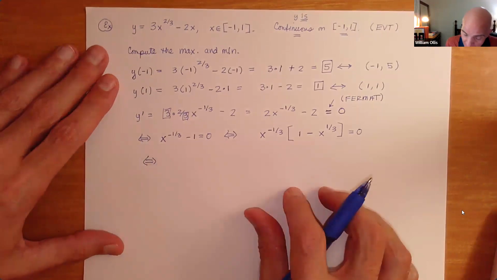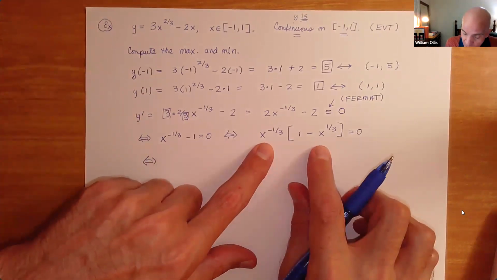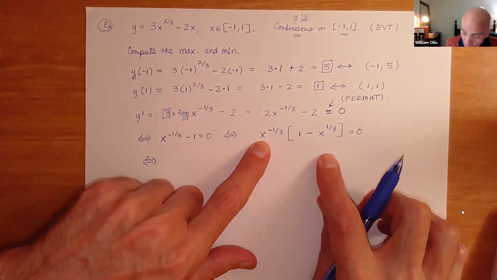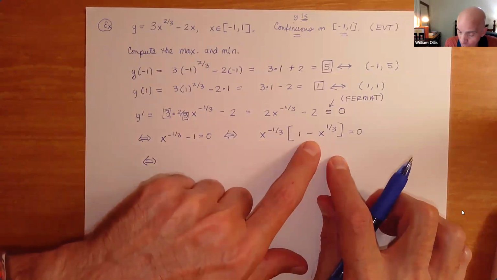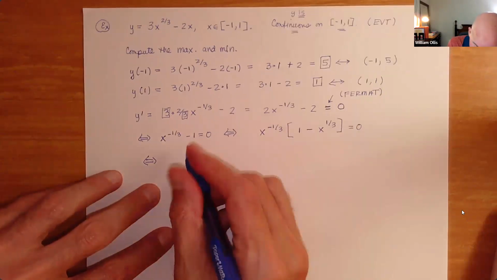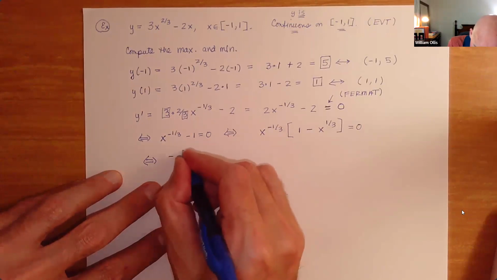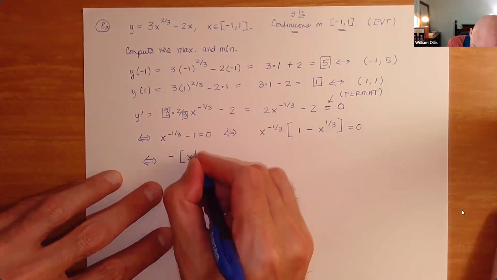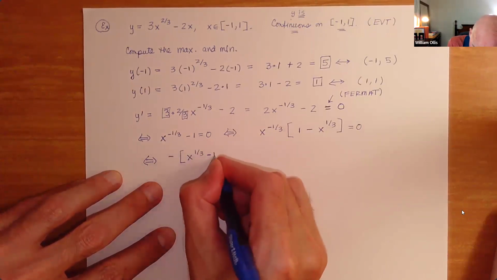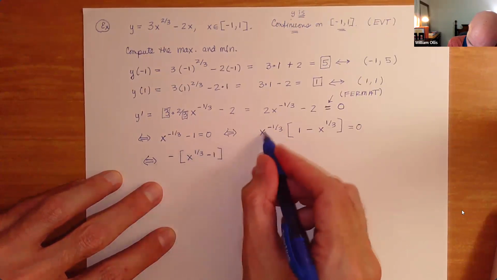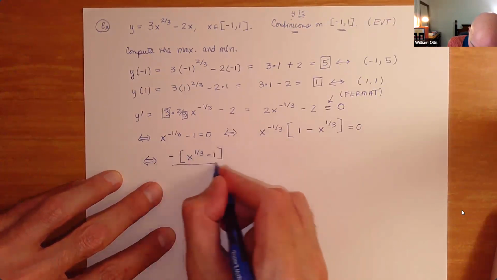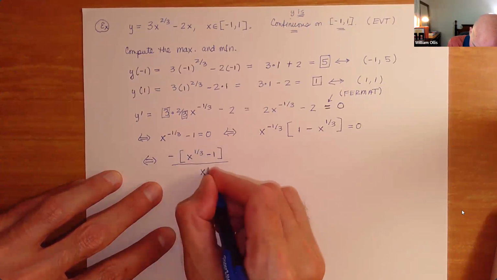Now, if you like, just to make this look a little bit nicer, we can move this to the denominator, and then we can just factor the negative 1 here. So we'll have a negative x to the 1/3 minus 1. Of course, we could have factored the negative of that, but it's probably easier to do it in 2 steps, and then x to the 1/3.